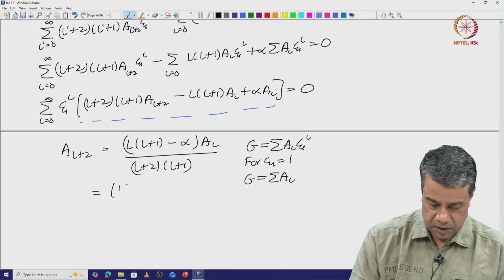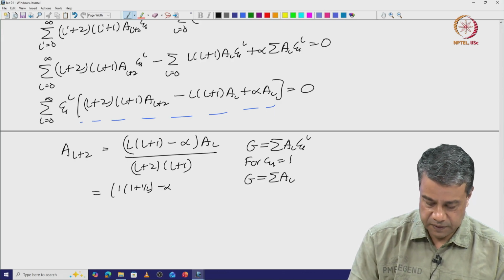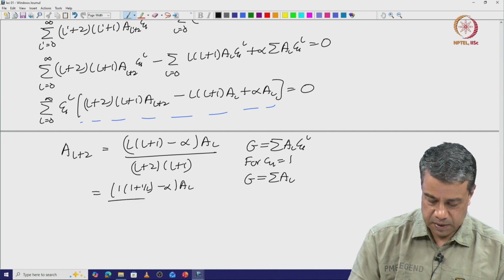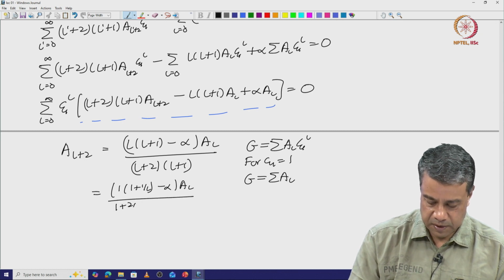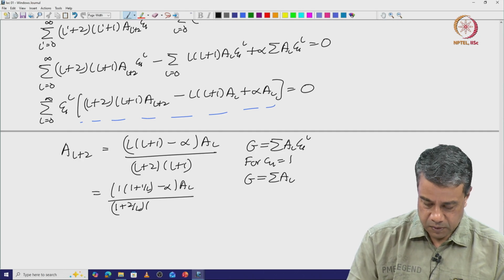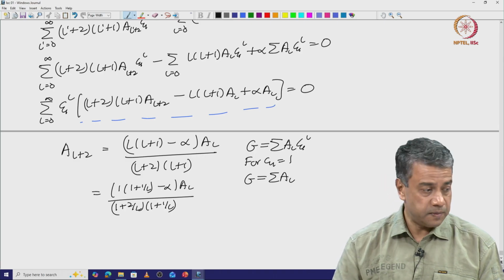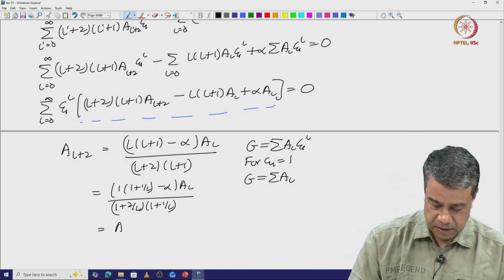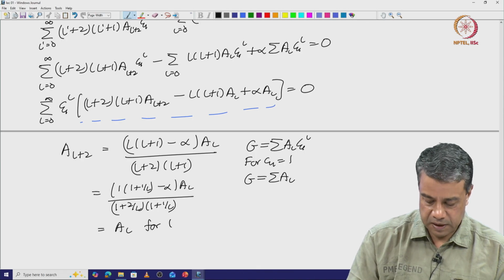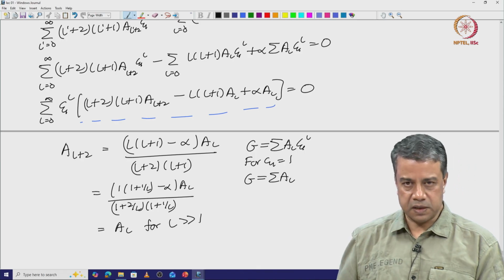So, I will get 1 into 1 plus 1 by L minus alpha by L, over 1 plus 2 by L into 1 plus 1 by L, times A L. And in the limit as L becomes large, this is just equal to A L.